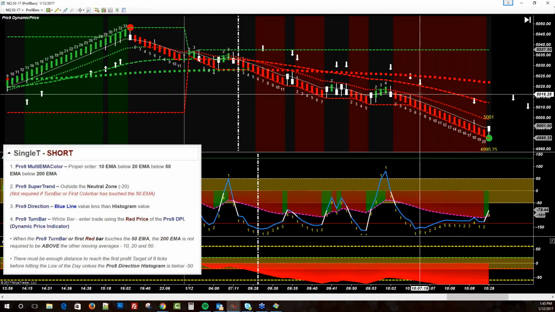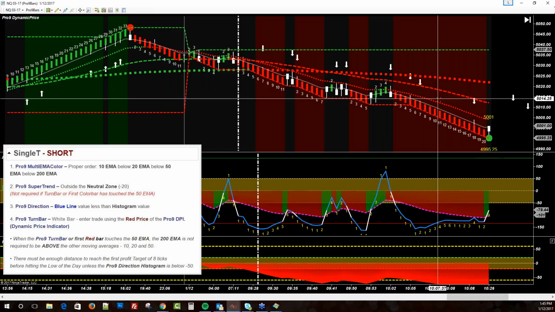So to me, I just think it's much simpler, less stress, once I get to the point where I can widen to the DPI, to start trailing that way. I may run into these situations where I widen to the DPI and get stopped out right afterwards, and I have a few ticks less than I would have, but that's okay because I don't want to cry over money that wasn't necessarily mine, you know.